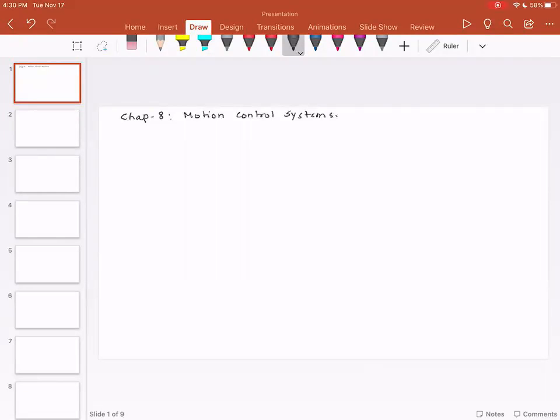Now, one thing that you should have noticed from all the problems that we solved so far, most of the robots were unstable. In other words, if you were to perturb the robot's initial position, the robot will not come back to its initial position.